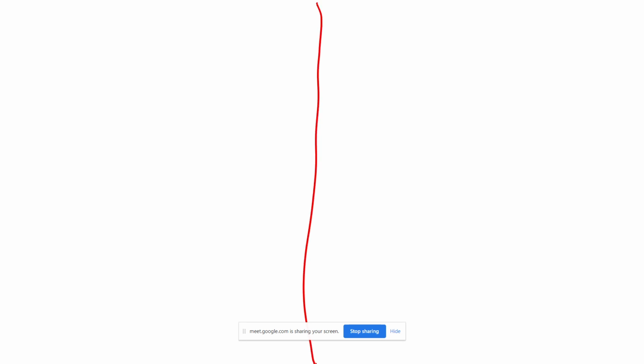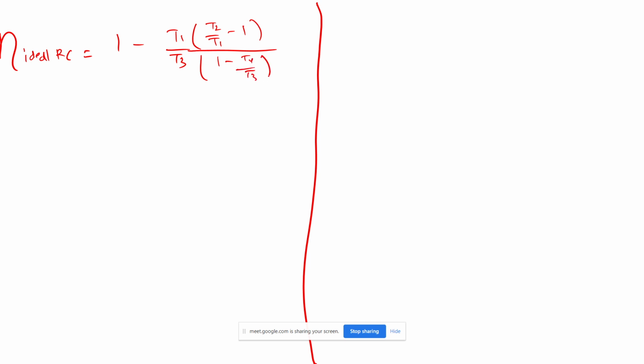Now similarly, for the ideal regenerative cycle, it will become 1 minus T1 upon T3, times T2 upon T1 minus 1 upon 1 minus T4 upon T3. T2 upon T1 is equal to T3 upon T4, which is equal to Rp to the power gamma minus 1 upon gamma.